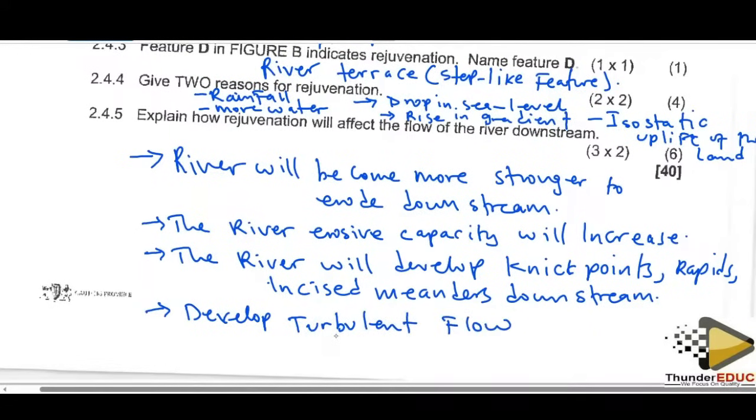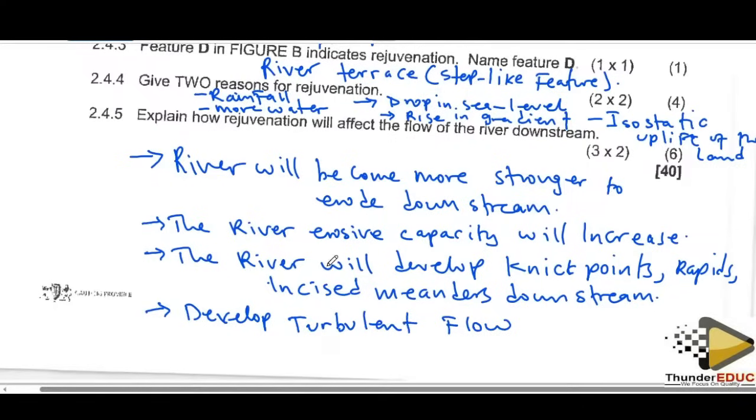So on this question, we're looking at what will happen to the river downstream after it is rejuvenated. So we say it becomes stronger to be able to erode downwards, meaning after regaining energy, it will be flowing so fast. So it will start eroding downstream.